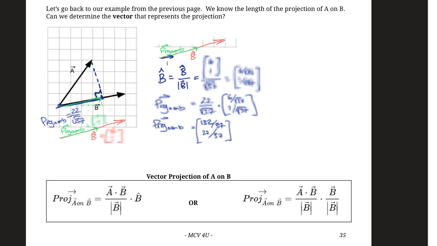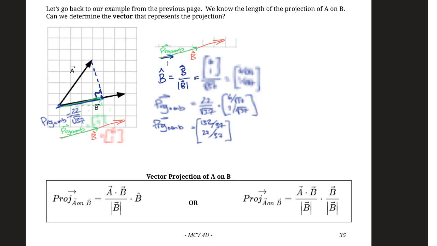Now, to rewrite that, because the unit vector of B is just B over the magnitude of B, you can rewrite it like this. So essentially, the quick way we're always going to do this is A dot B times B over the magnitude of B squared, right?